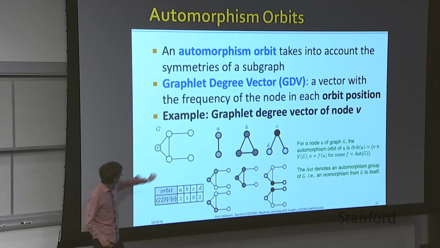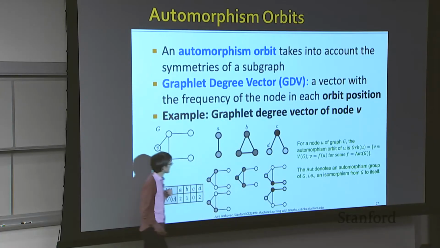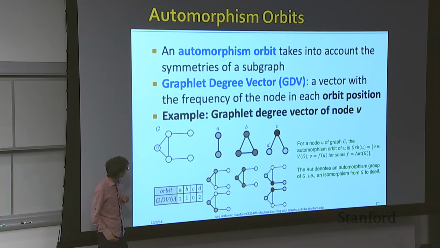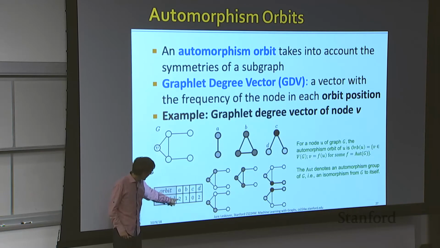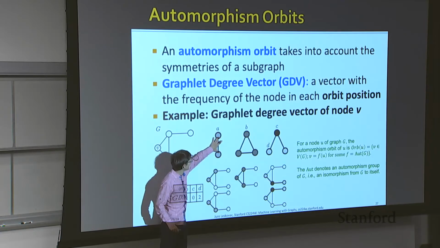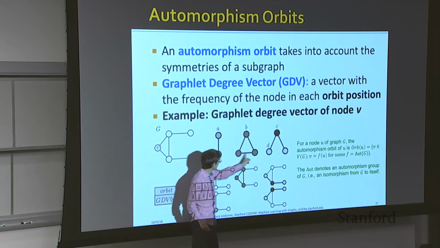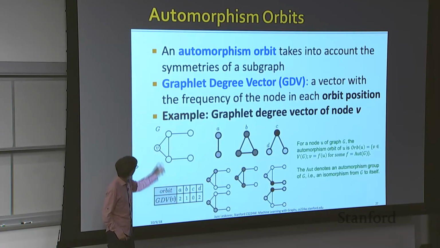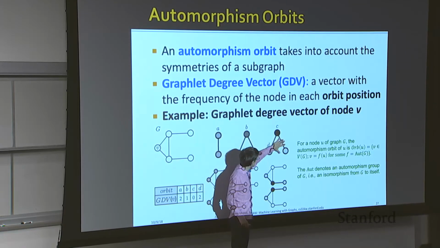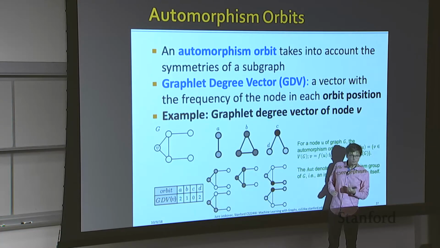So let me give you an example. If this is my input graph, here are the graphlets on 2 and 3 nodes. So here would be now my graphlet degree vector, right? So for node of interest V, I say in how many graphlets of type A does it participate? It participates here and here, so that's 2. Then I say in how many graphlets of type B does it participate? Here it is, it's 1, right? Here's the triangle. But then if I ask how many graphlets of this type does it participate in, I need to ask at what orbit position does my node of interest participate?